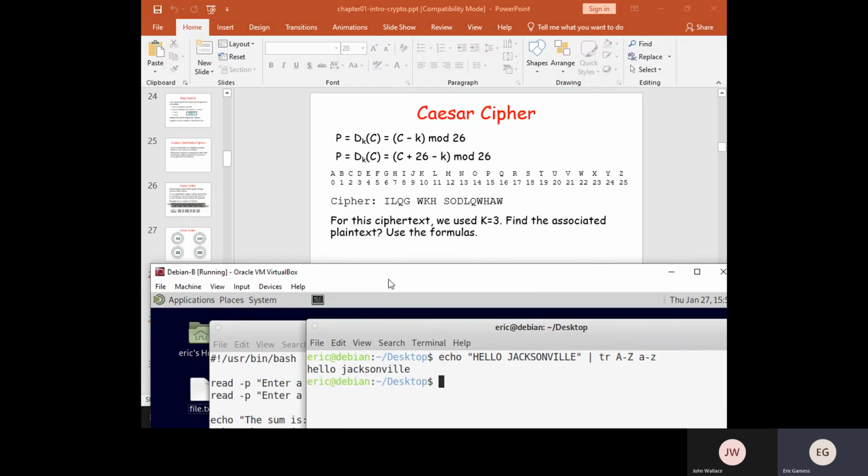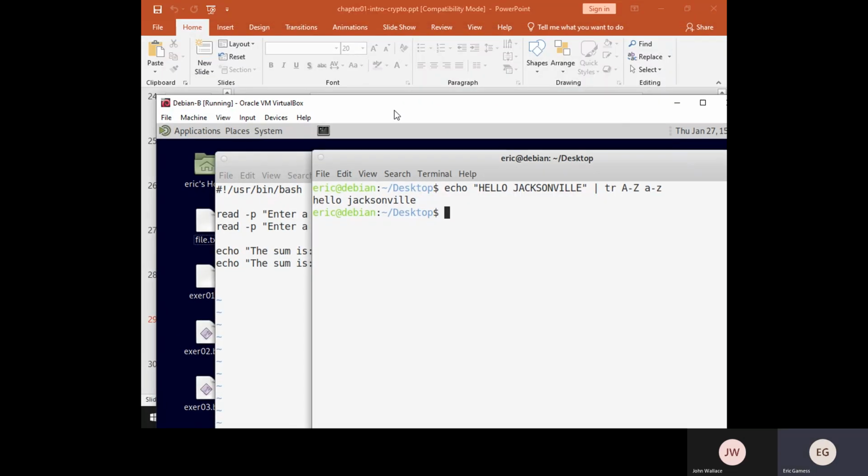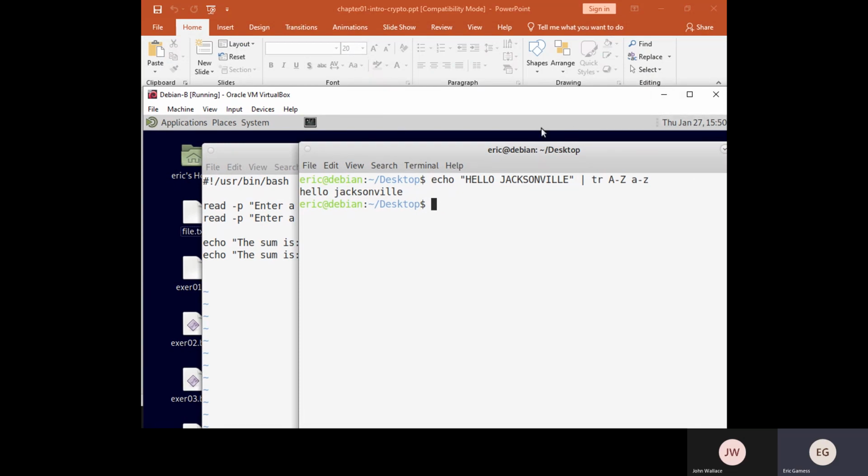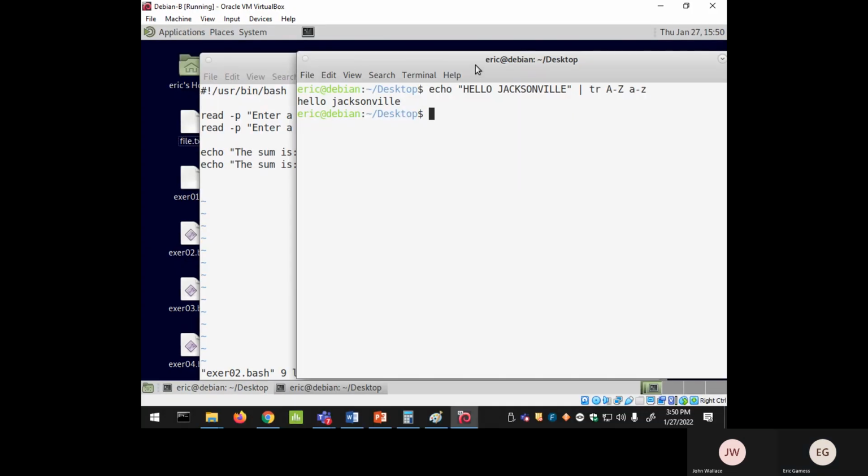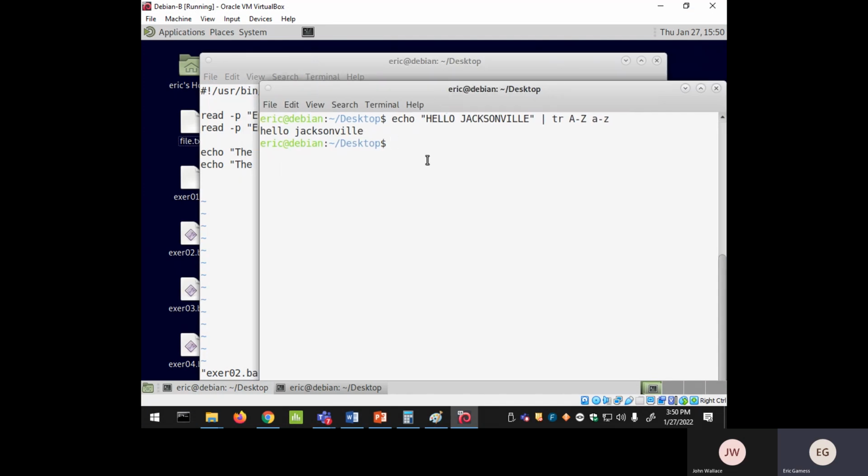I give you a plain text and I ask you to encrypt that with the encryption of Julius Caesar with a key of 3. So we have echo find the plain text. I want to do a rotation of 3. So I want to use Julius Caesar, and I want to use 3 as the number of shifts. How can I use the tr command, the translate command, to do that?